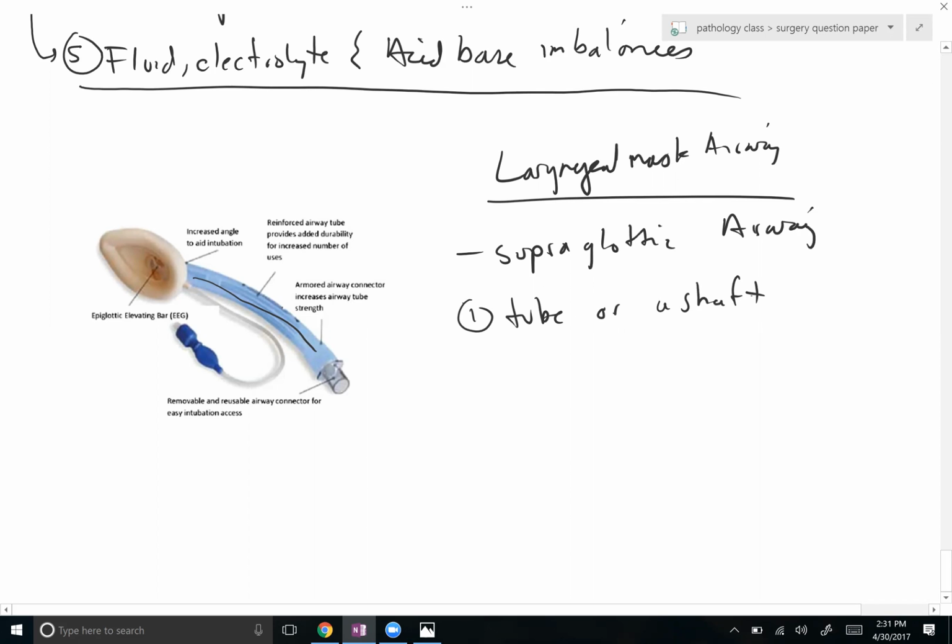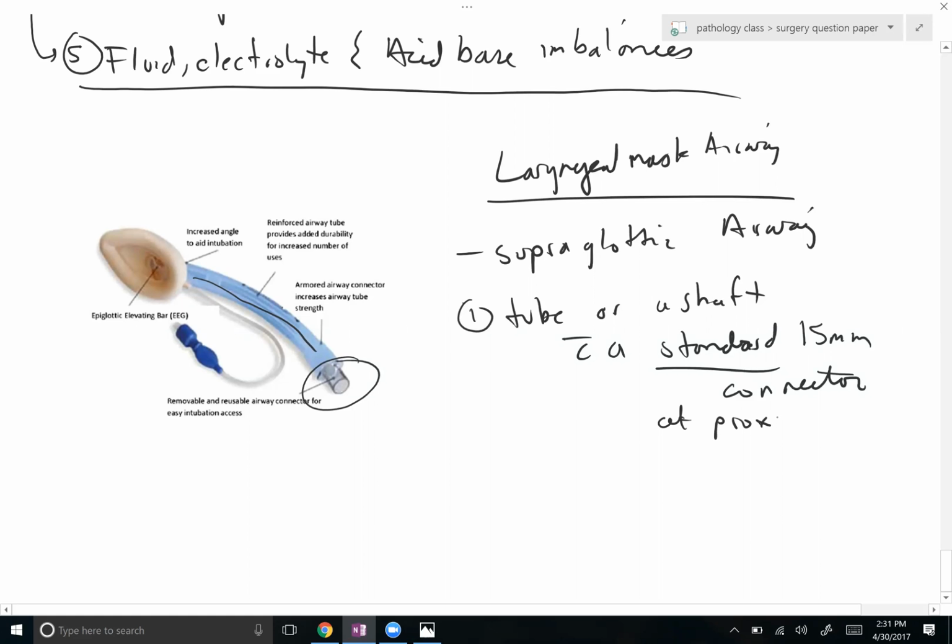All laryngeal mask airways have a standard 15 millimeter connector at the proximal end.